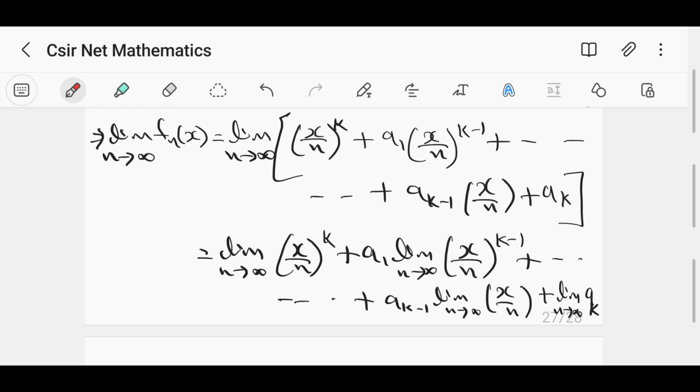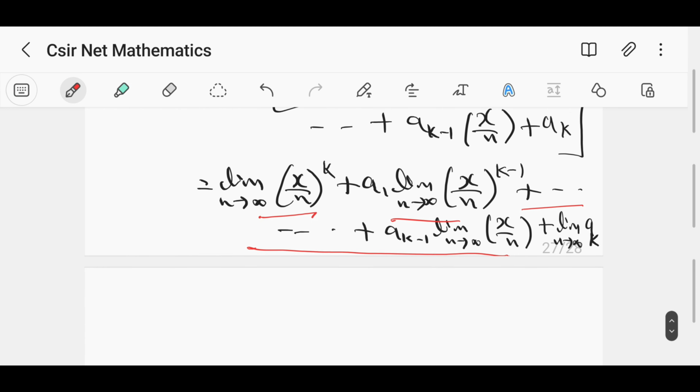In each term where you have n, as n tends to infinity, here we have (x/n)^k. As n tends to infinity, anything divided by infinity goes to 0, and 0 to the power k is 0. So all the terms which have n in the denominator go to 0.